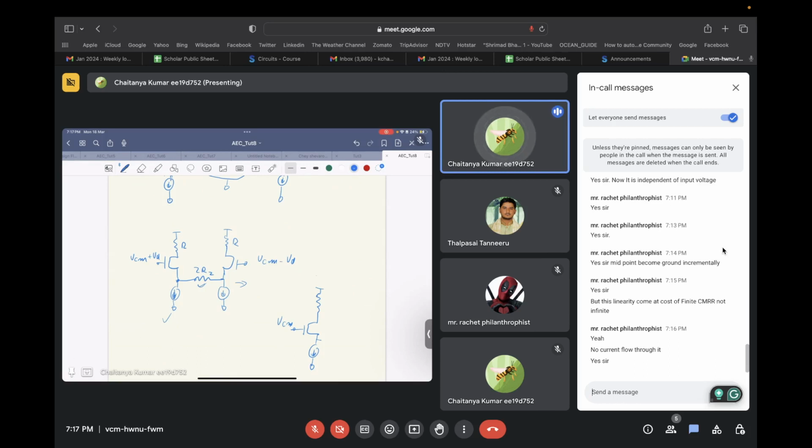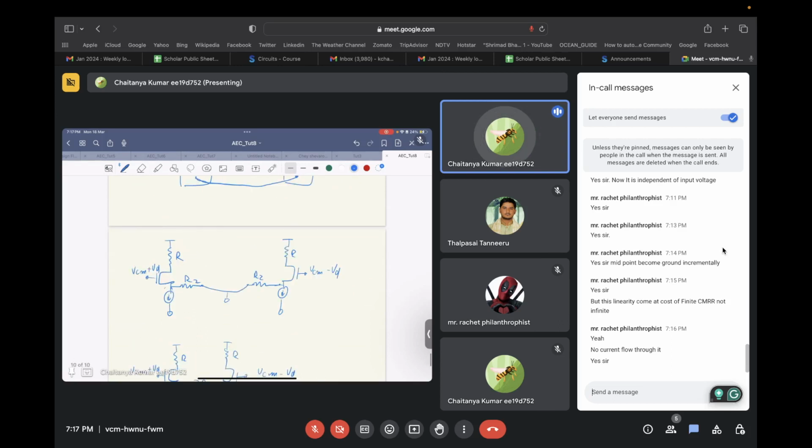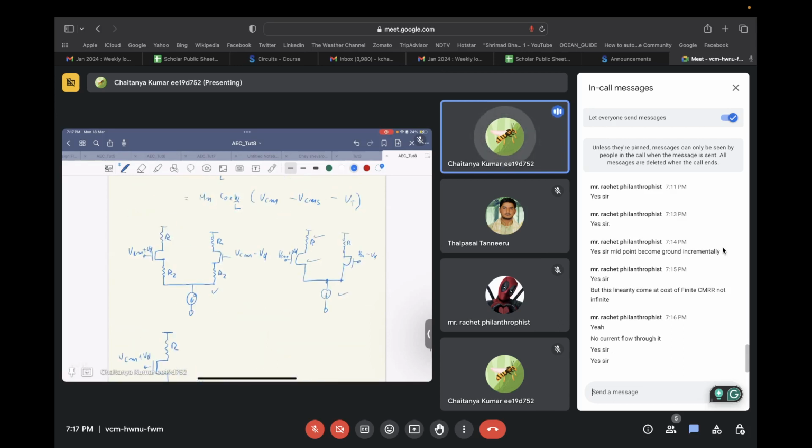But one thing is that if this VCM swings a little too high, then this particular current source has the possibility of going into triode, which was not the case in the earlier circuit.